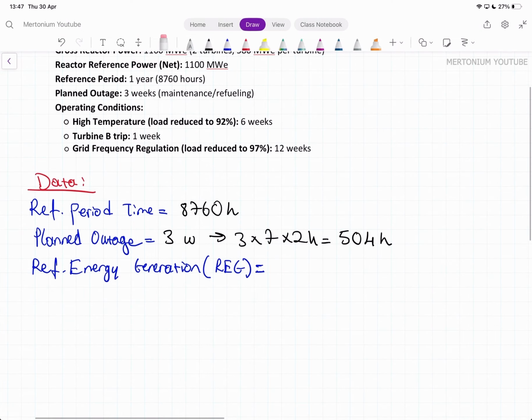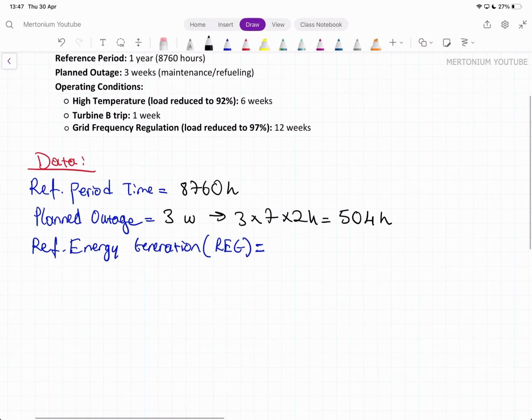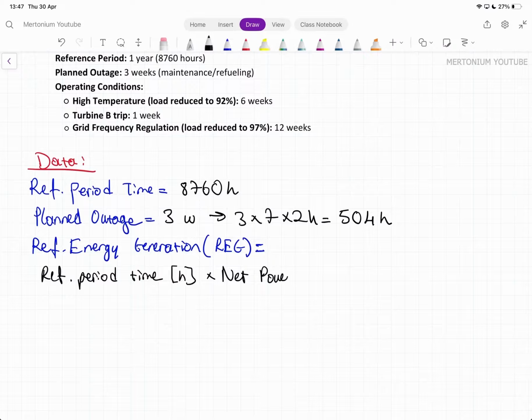And how is it calculated? It's calculated by the reference period time in hours times the net power of the power plant in megawatts. Gives us the reference energy generation.